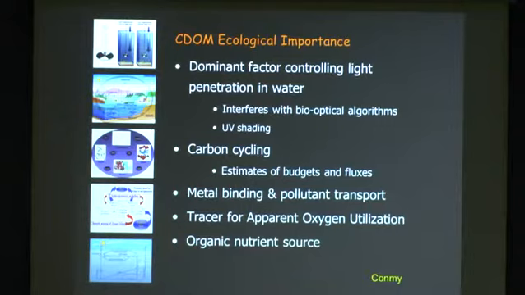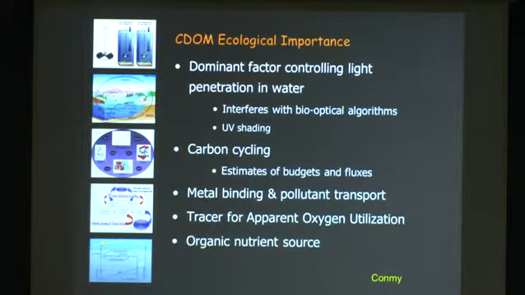It's important in carbon cycling because you can trace it as a water mixer. It is a component of the carbon cycle, and in some environments it's a nice proxy, especially freshwater systems. DOC concentration and CDOM concentrations are correlated at 99% correlation coefficient.